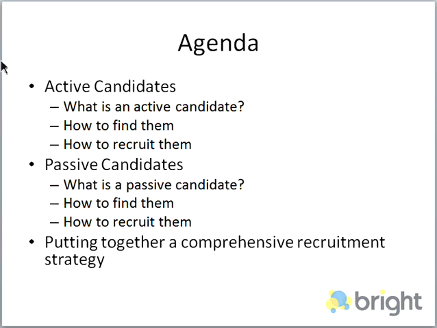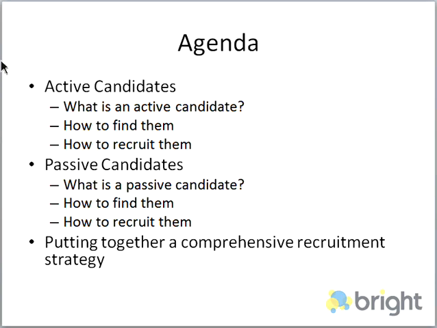In the recruitment space, we're constantly hearing about active versus passive candidates, and to complicate things a little bit further, we're also starting to hear about semi-active candidates and tiptoers and a whole lot of other kinds of candidates that are somewhere in between active and passive. But the fact of the matter is that you're really just trying to find your best candidate, and that candidate may be unemployed.